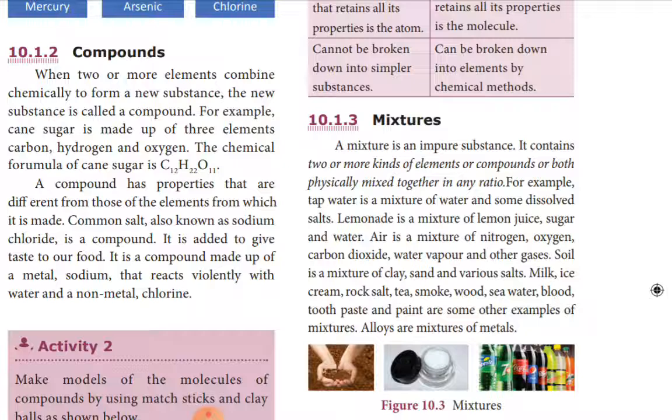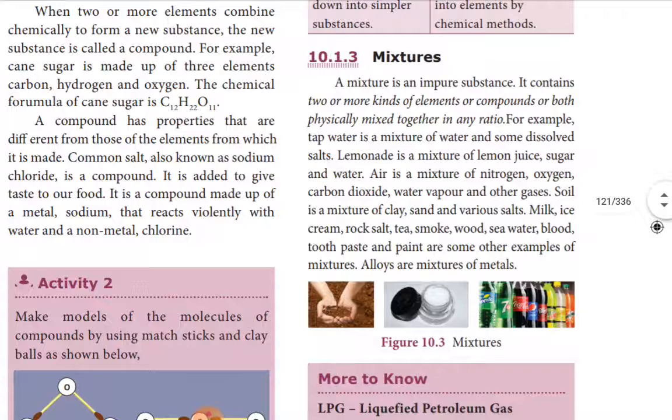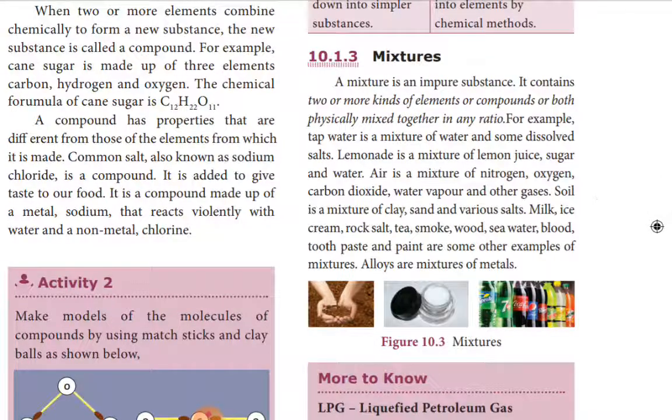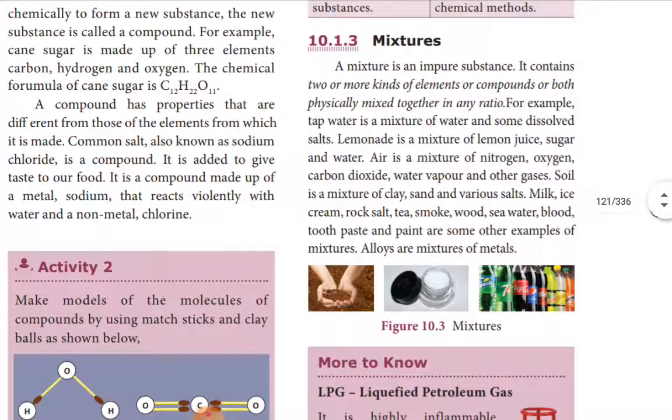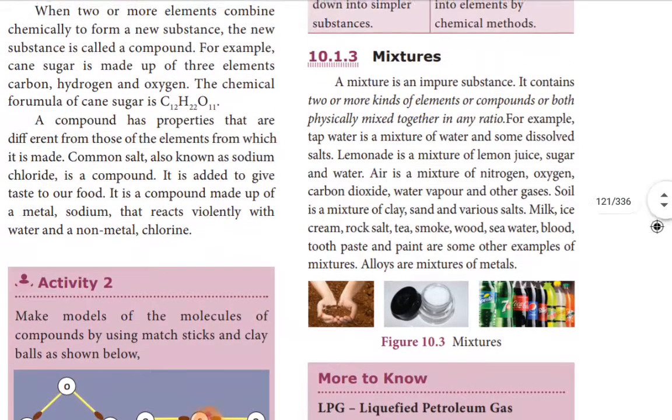For example, cane sugar. The formula of cane sugar is C12H22O11. In this chemical formula, 12 carbon atoms, 22 hydrogen atoms, and 11 oxygen atoms are there. So three different atoms chemically combine to form a molecule of cane sugar.